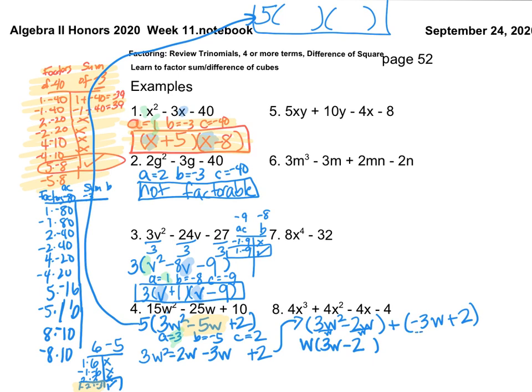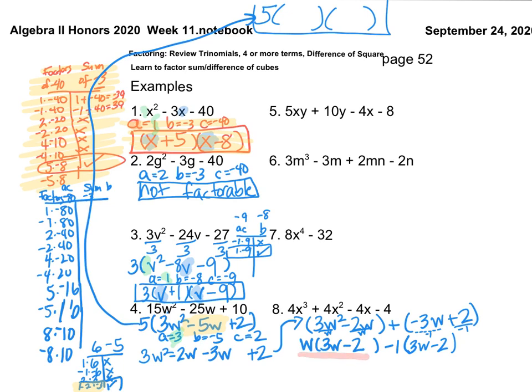If this first term is a negative, you must factor out a negative 1 in order to have this in the proper form. Negative 3w divided by negative 1 is positive 3w. Positive 2 divided by negative 1 is negative 2. Now, how do you finish this? What you're looking for is this. Let me first say something else.